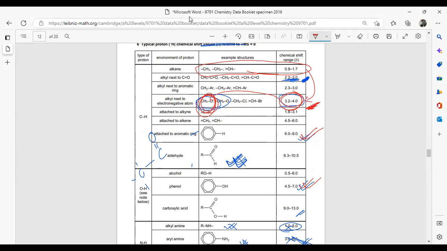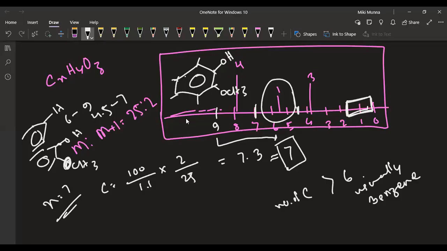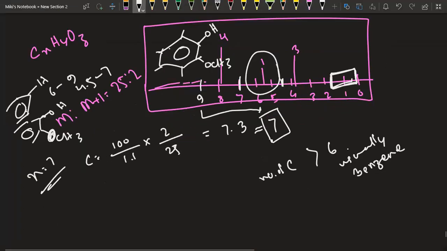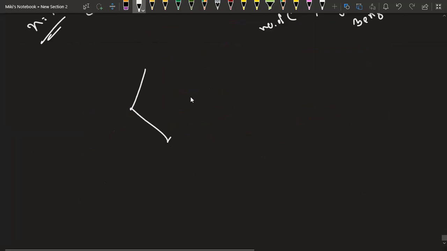And since it is a singlet, that means there is no adjacent hydrogen, since the adjacent carbon does not have any hydrogen. So the possibility is this molecule, 1, 2, 3, 4, 5, 6.